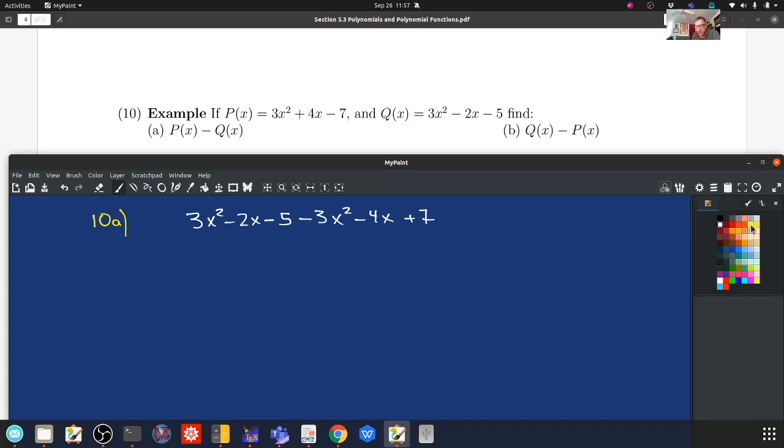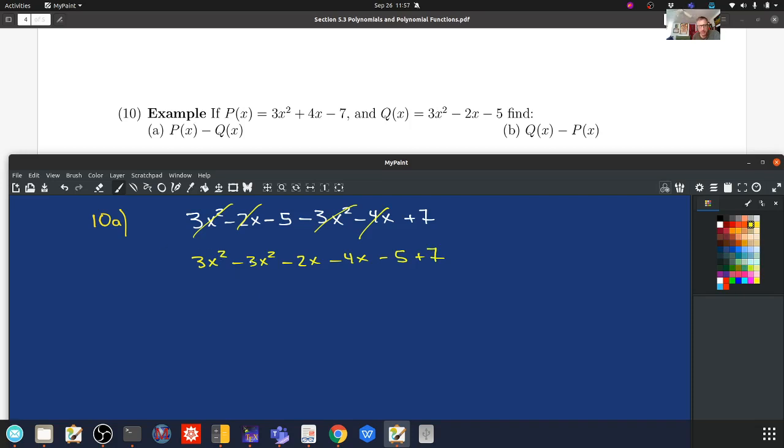So again, we're going to collect like terms. My degree 2 terms have been written down. My degree 1 term, and minus 5 plus 7.